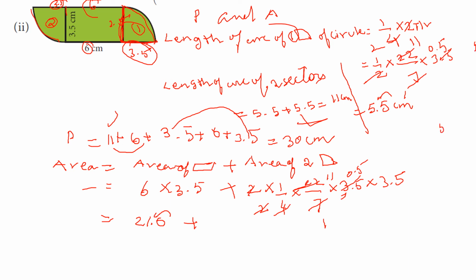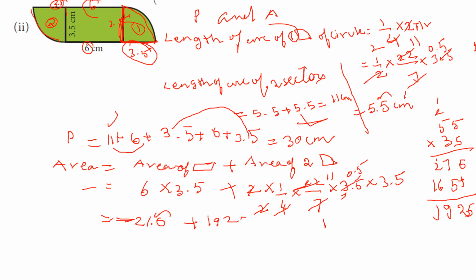55 into 35. After that we put the decimal. 5 5s are 25, 2 5s are 25 plus 2 is 27, plus 3 5s are 15, 1 3 5s are 15 plus 1 is 16. So we get 1925.